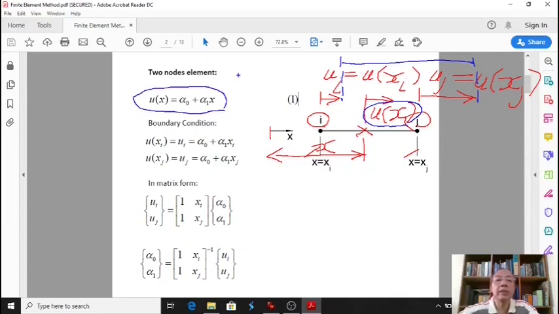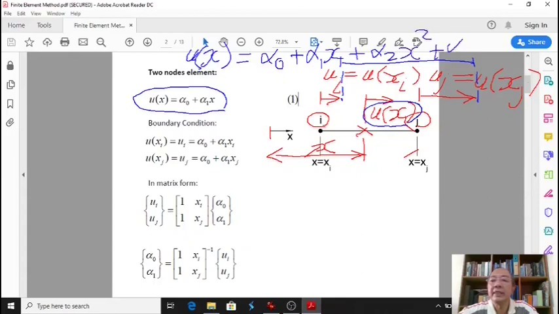So the general polynomial is this: u of x is equal to alpha 0 plus alpha 1 x plus alpha 2 x squared plus alpha 3 x cubed, and so on. All this we call a polynomial.